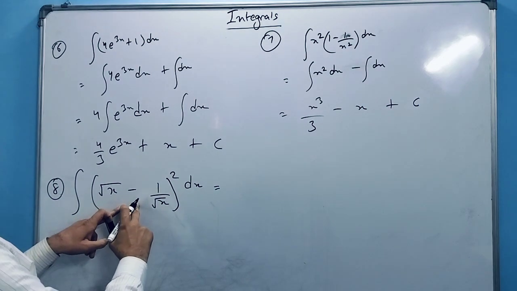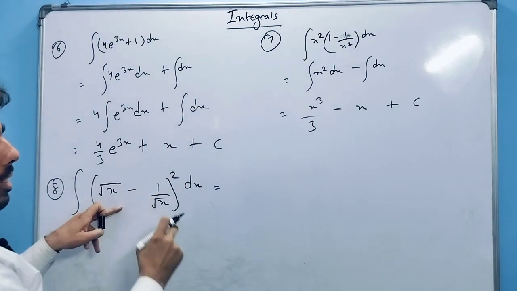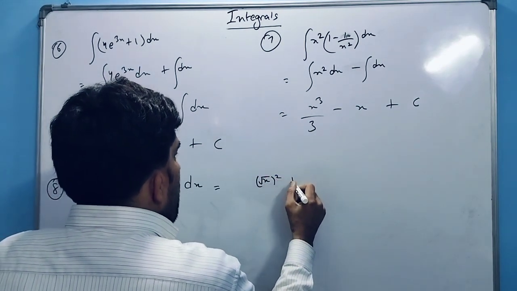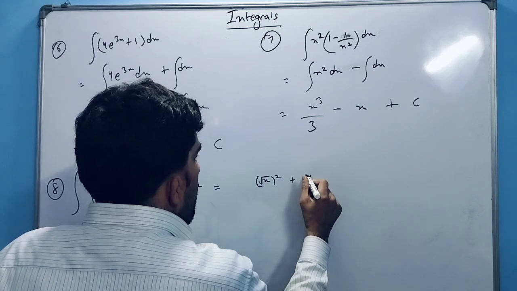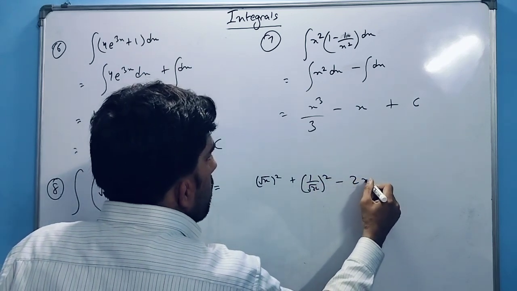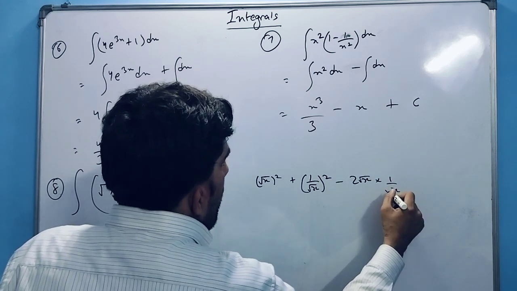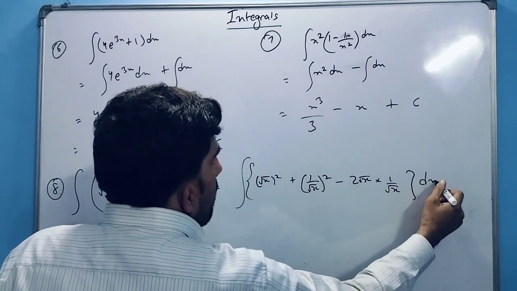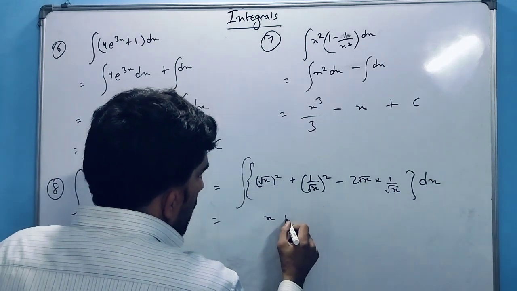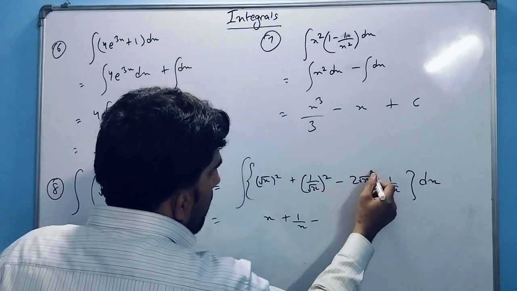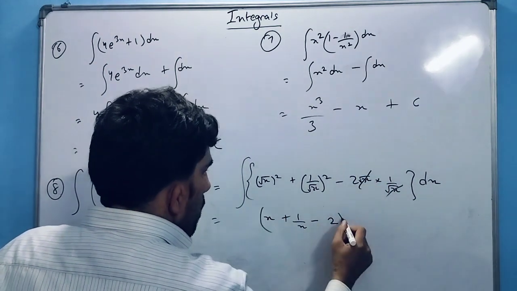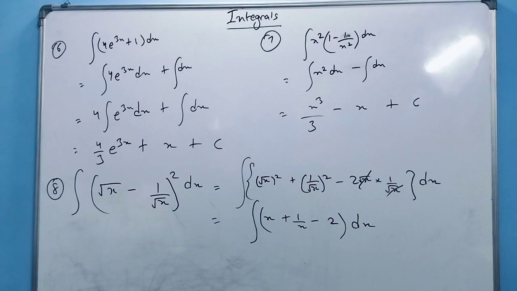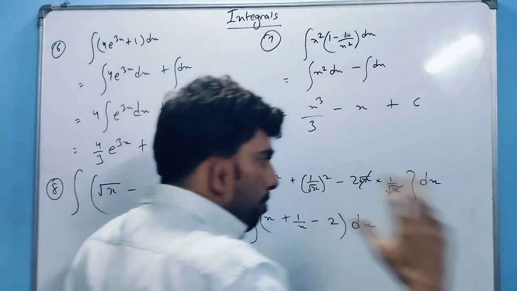Okay, so now we can sort it out in a very simple way. First we need to write the formula for a minus b whole square. The formula we have is a square plus b square minus 2ab. Okay, so now we can easily find that we have x plus 1 upon x minus 2 here. So now we'll try to solve the question.